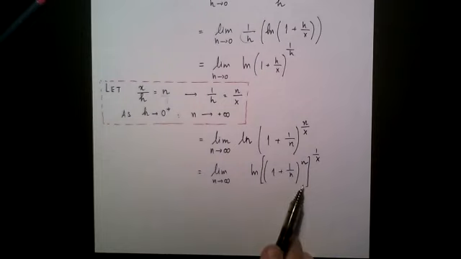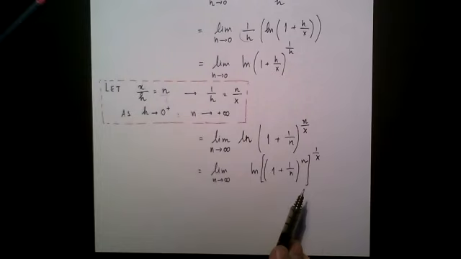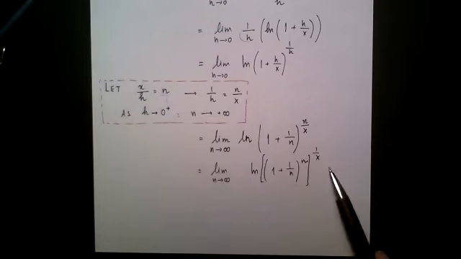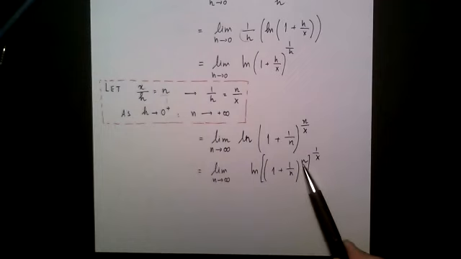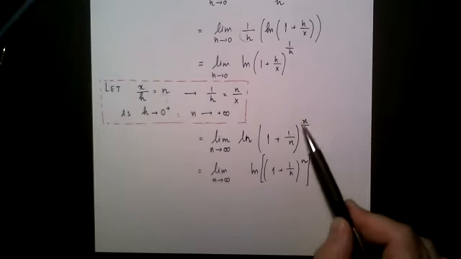Are we okay with this? Can you explain this step here, the exponent thingy? If you have something to a power, to another power, you can multiply the exponents. So if you multiply n by 1 over x, you get n over x.